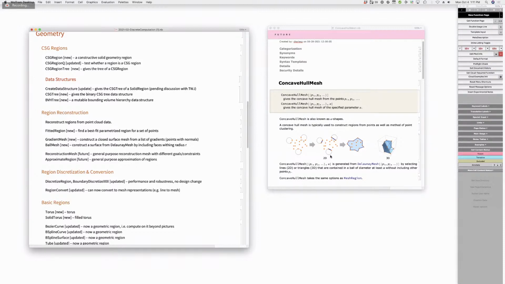No. So like you see here, roughly speaking, if you think about it like a subgraph of the Delaunay mesh. So you have a Delaunay mesh, and then essentially given a ball of radius alpha, you see if those edges of the Delaunay mesh fit inside that ball, and then it's those edges you're actually picking.